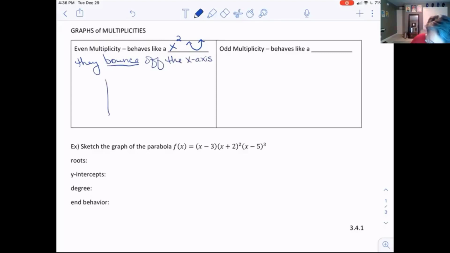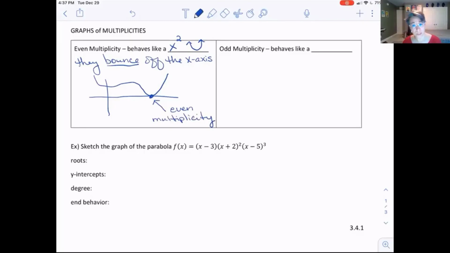An example would be if you had this graph, that 0 has even multiplicity. If it has an odd multiplicity, it behaves like an odd polynomial, like this guy, and they cross through the x-axis.